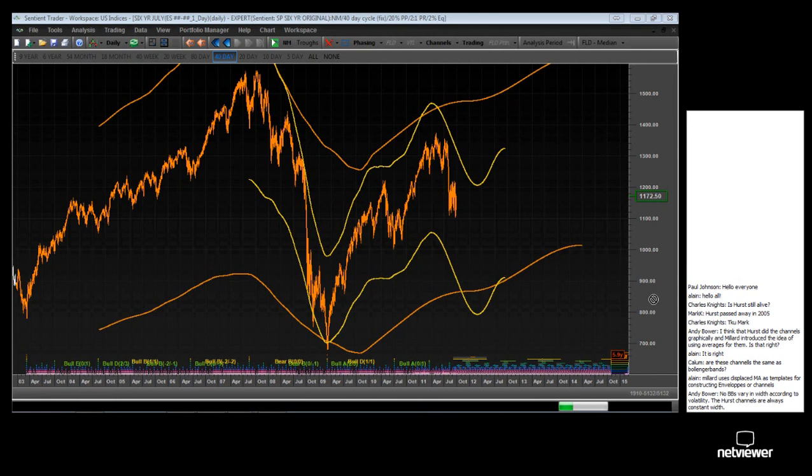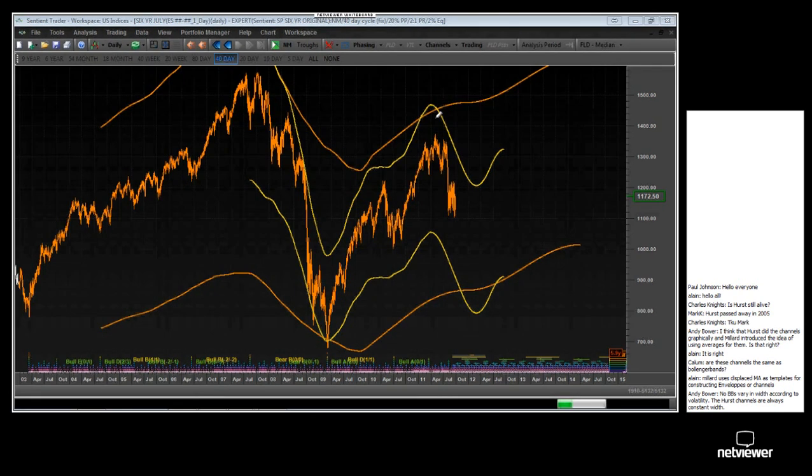Now, when we construct the next longer channel, the 54-month channel, instead of including 97% of all price points, we instead include 97% of all the 18-month channel points. Of course, there will be 3% of the time when the 18-month cycle comes beyond the 54-month cycle.